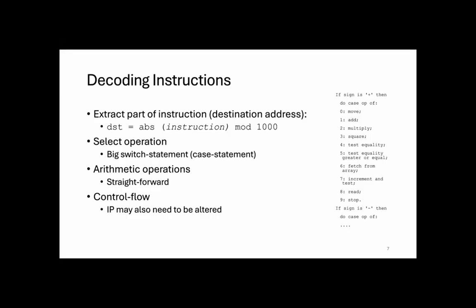But if we have control flow operations like greater than or less than, like the if or go to, anything related to control flow where you have to jump to another place, then in that case we have to pay attention. The instruction pointer may also need to be altered when we are executing that instruction. So you have to separate between the different types of operation to know exactly how to execute them and what each instruction entails.